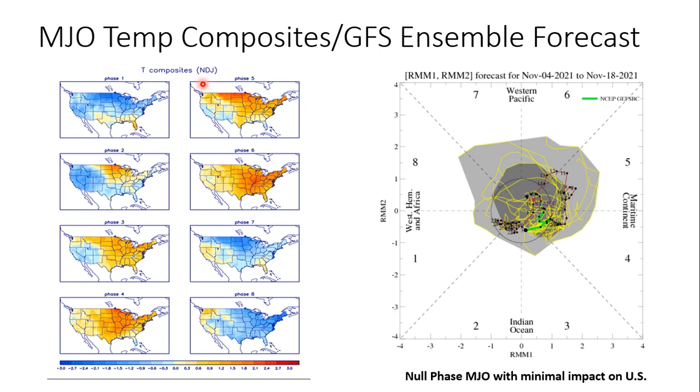If we look at the months of November, December, and January, generally MJO phases 7, 8, and 1 equate to a lot of blue coloring, don't they? That is indicative of below normal temperatures across a large chunk of the United States. Phases 3, 4, 5, and 6, the orange coloring, are indicative of above normal or warmer than normal temperatures.